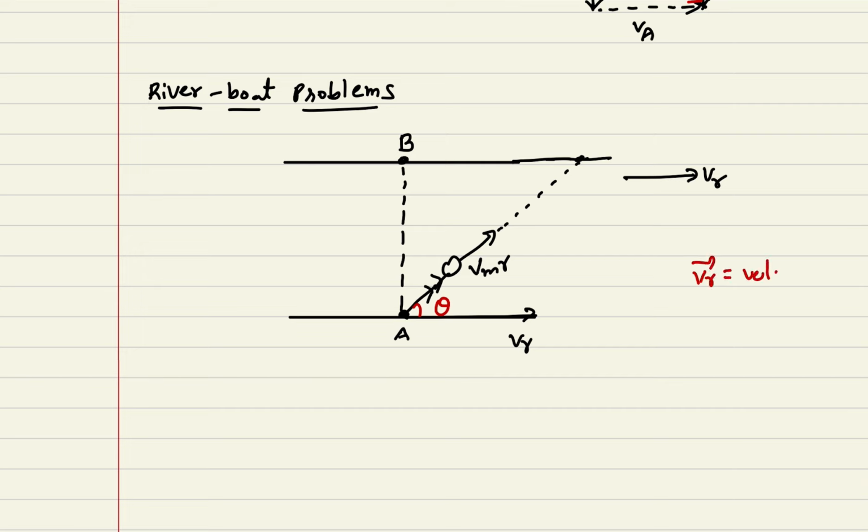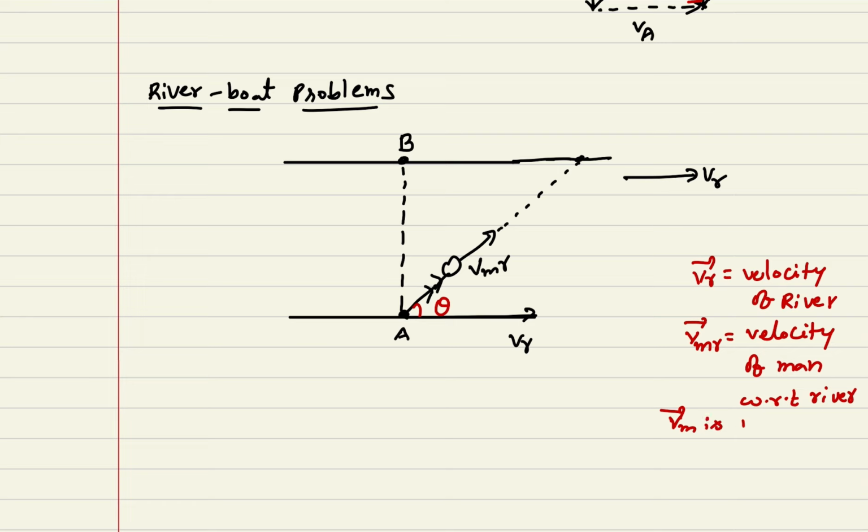I am writing the usual meanings here. VR is the velocity of the river. VMR is the velocity of the man with respect to the river. Now VM bar is the velocity of the man, which is actually with respect to the ground.